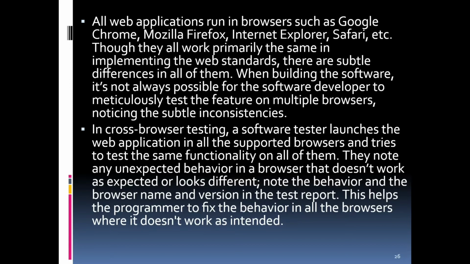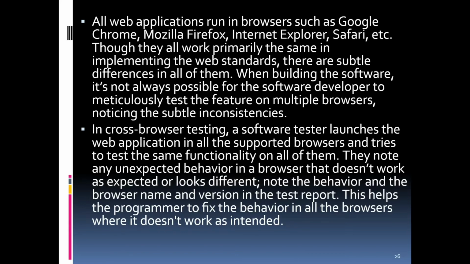So in cross-browser software testing, a software tester launches the web application in all the supported browsers and tries to test the same functionality in all of them. They note down all the unexpected behavior, anything in the browser that doesn't work as expected or looks different.